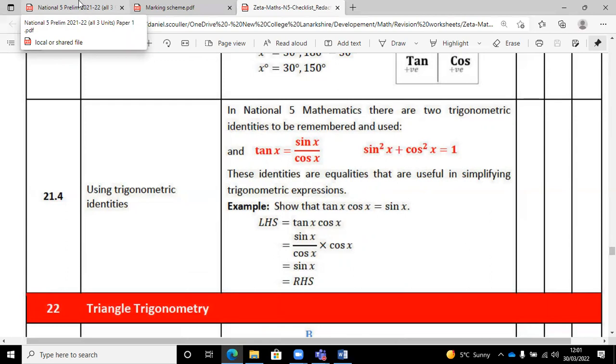Just copy these identities down so we've got them, so we know which one to use.